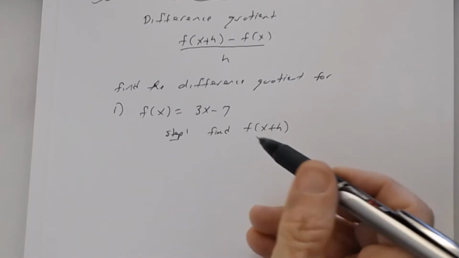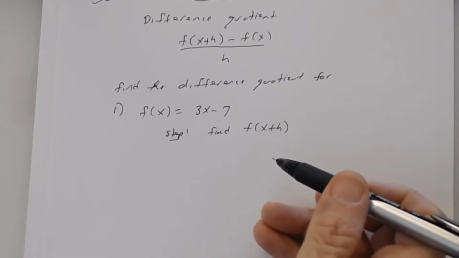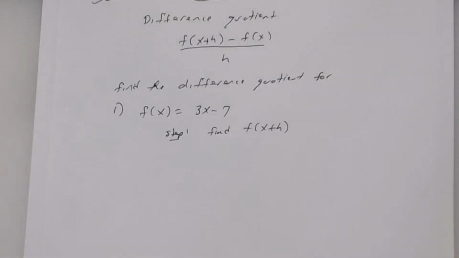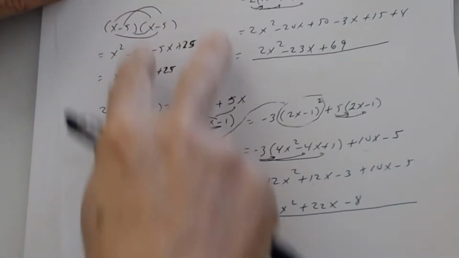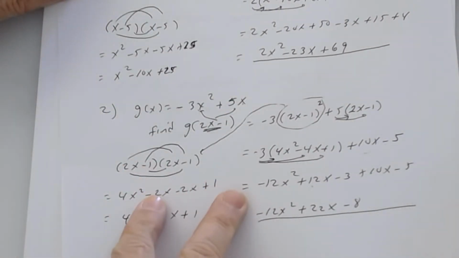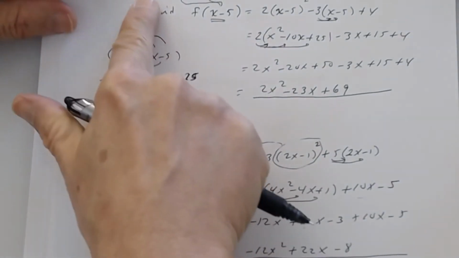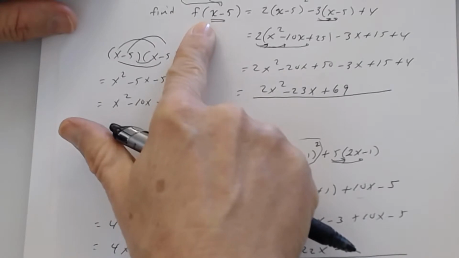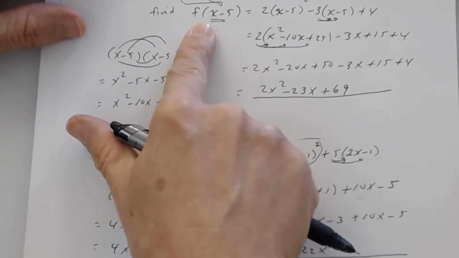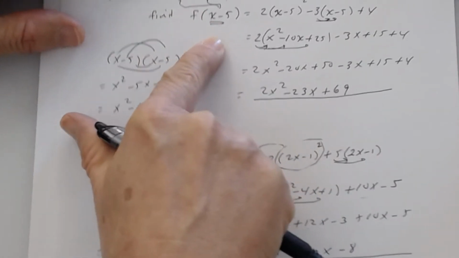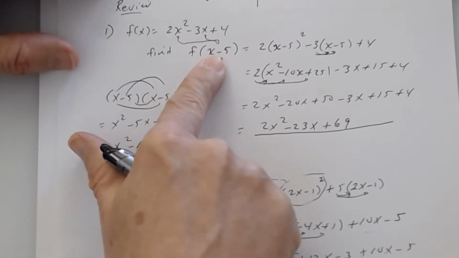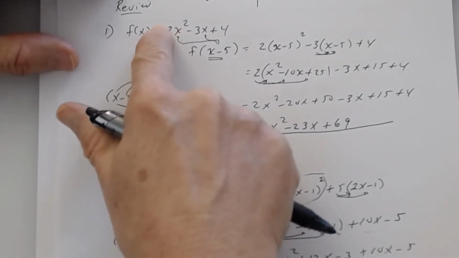Come on now. You're not looking at what we did here. Y'all had no questions here. When we did this one and I said find f of x minus h, what did we do? We didn't substitute this into here. We substituted what? X minus 5, where we saw the variable x.